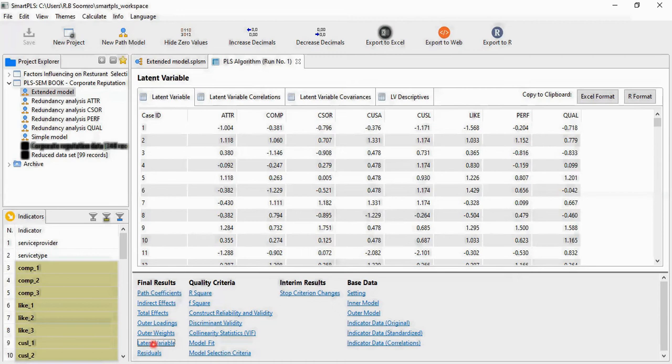Okay, now what should be the value of the R-square? That is also something we should consider. What should be the minimum level of the R-square?